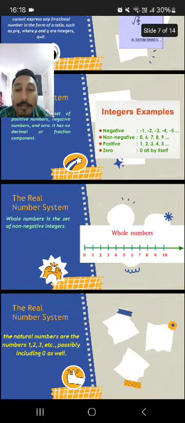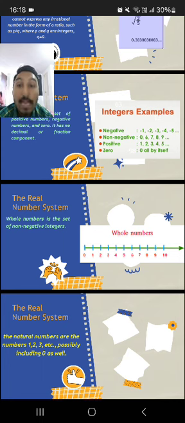Now let's move on. Whole numbers. What are whole numbers? Whole numbers are a set of non-negative numbers. These numbers cannot be negative: -1, -2, -3 are not whole numbers. Whole numbers are only non-negative, that is 0, 1, 2, 3, 4, 5, 6, 7, 8, 9, 10, as you can see here on your screen.